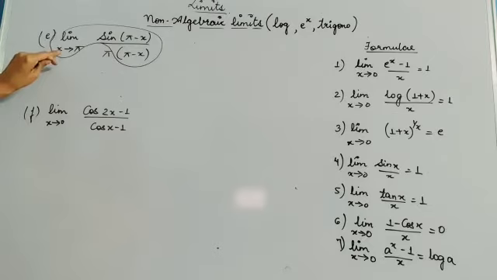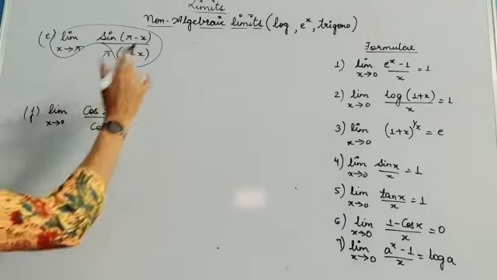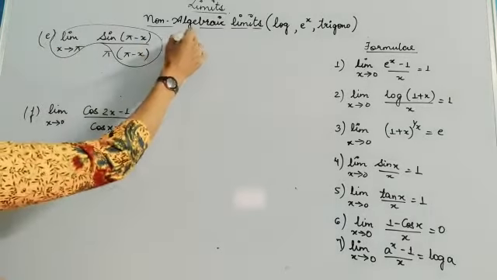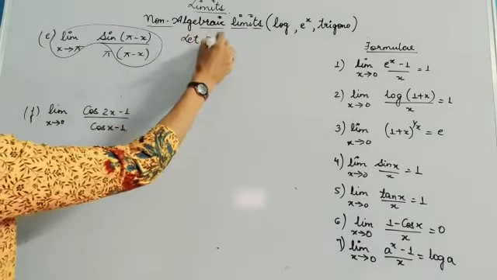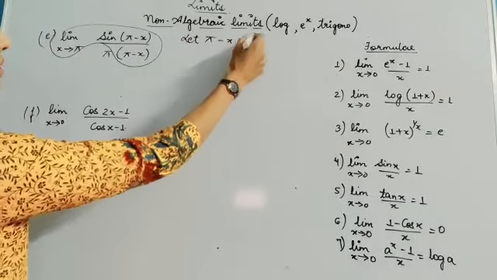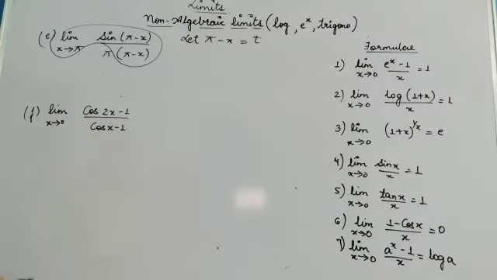Here it is given x tends to pi. I'll try to make it x tends to 0. Now in this type of question, you have to let pi minus x be some other variable.